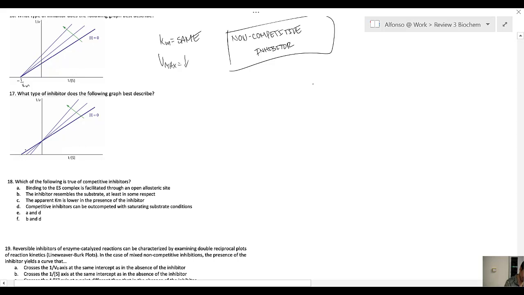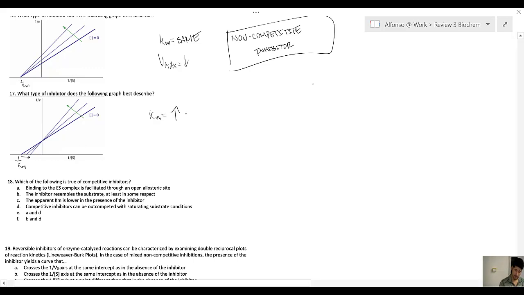So the first thing you got to do is go to your -1/Km, which is this one over here. What can you tell me about the Km? Has it increased or has it decreased? Because the x-intercept is shifting to the right, which means that it's getting smaller, that means that the Km has actually increased, because if Km increases, then negative 1 over Km decreases.